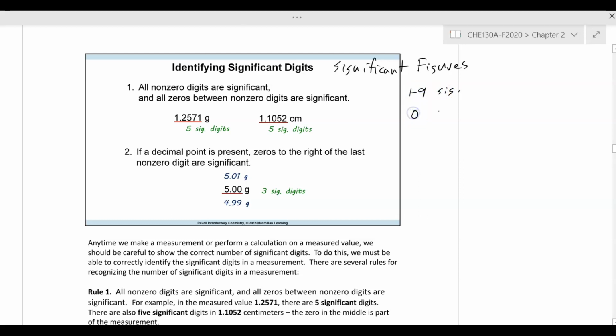If it's a 0, it can be significant if it is between two non-zeros.